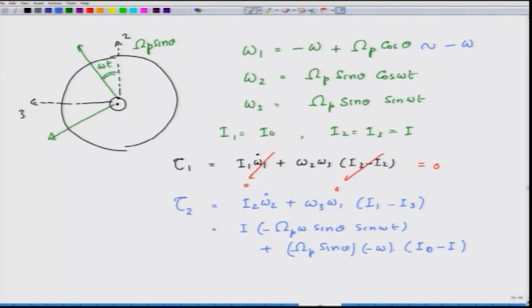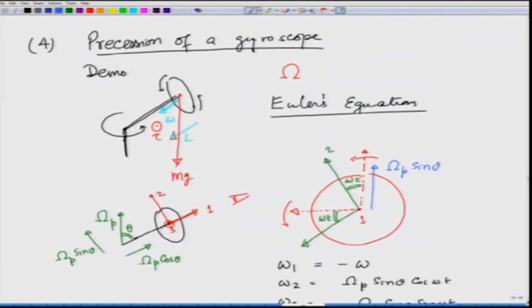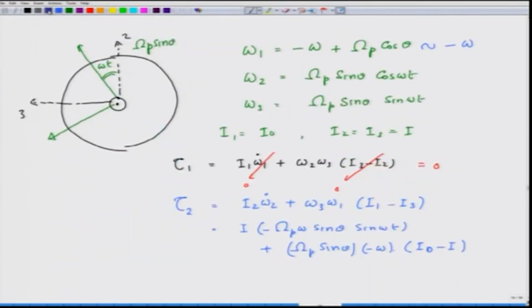And what is tau 2? Let us see that. If I look at this picture which I made earlier and I make it again, here is mg, and about this point tau 2 is pointing in the direction opposite to current right now, or the torque is pointing in the direction of 3 in this direction.